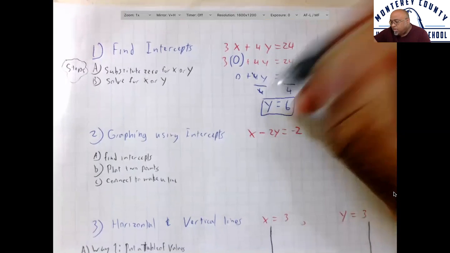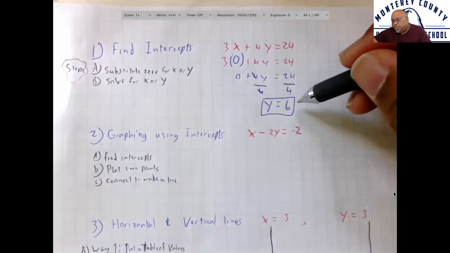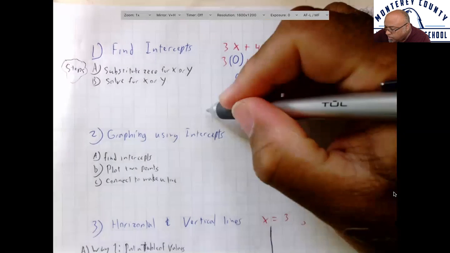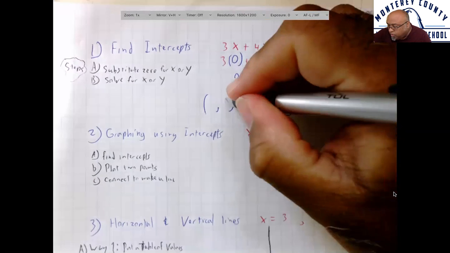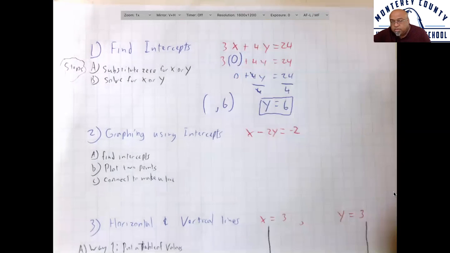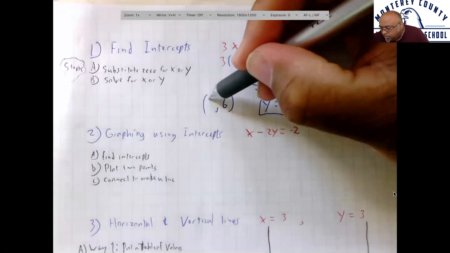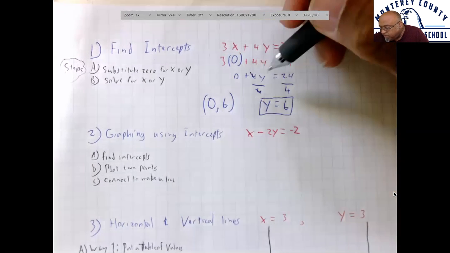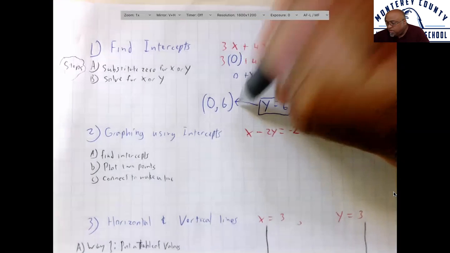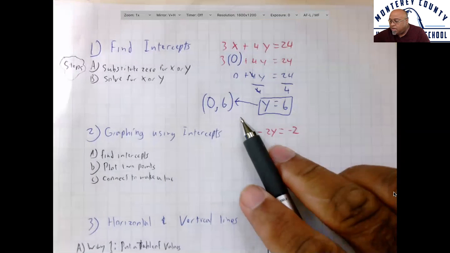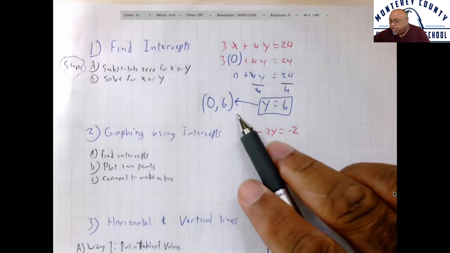So, y equals 6. Now, if I were to write this as an intercept, I would write it as an ordered pair where y is equal to 6 and x is equal to 0. How can I tell? I solved for y, so I therefore have my y value figured out.